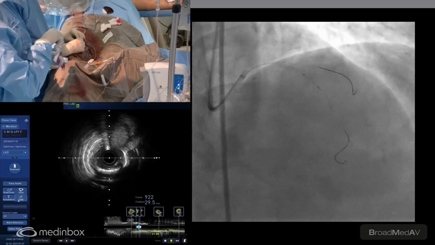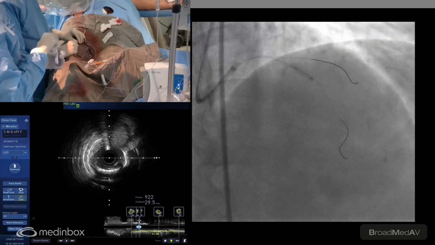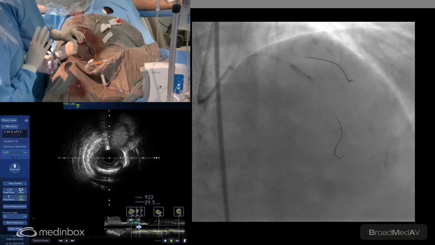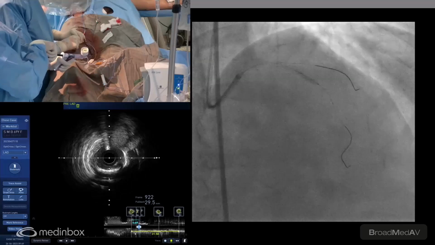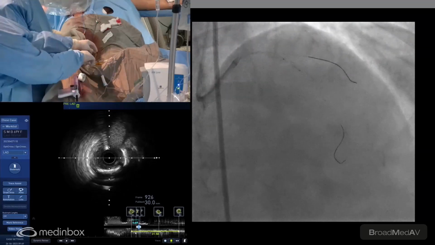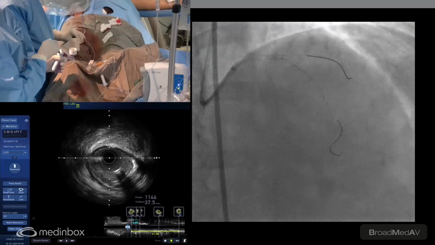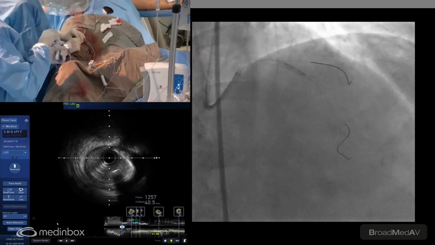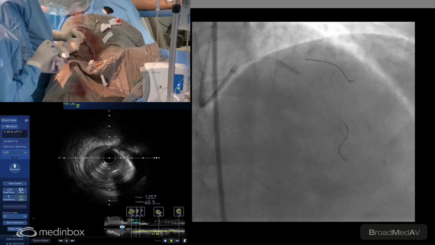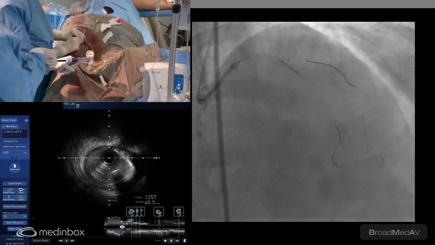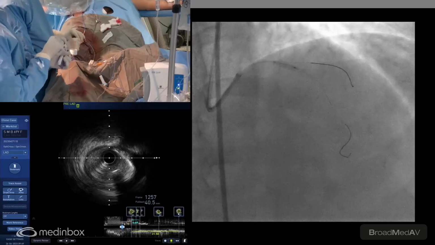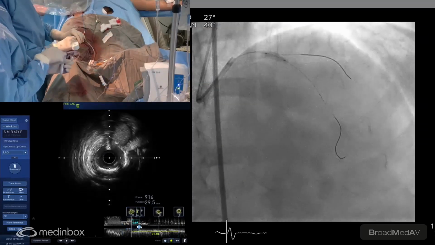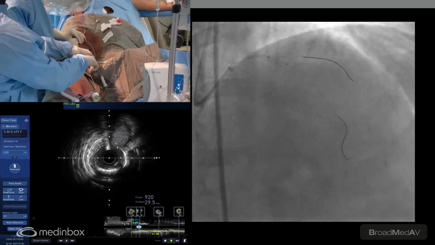So this is a 3.0/10 Wolverine. Yeah, it's come up reasonably well. Deflate, please. Go up again, please. Deflate, please. Inflate, please. Deflate, please. So you can see there's a bit of a waist there.